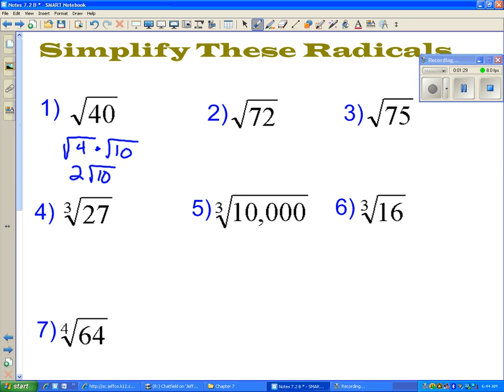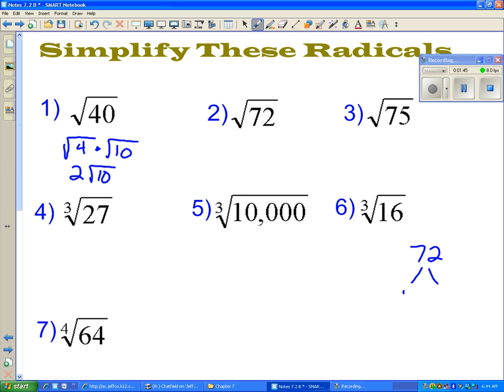Number 2, square root of 72. Again, I'm looking on my course packet, perfect squares. If I look at the number 72, what are my factors of 72?